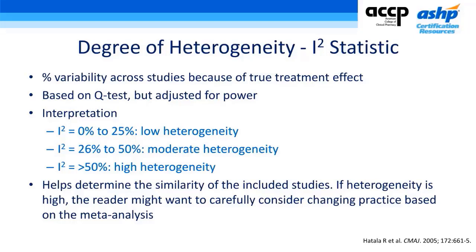It is based on the Q test, but is adjusted for the power within the study. The interpretation, as I mentioned in that example, I-squared statistic greater than 50% means high heterogeneity. Low heterogeneity is I-squared 0 to 25%. And then in between, we have moderate heterogeneity, 26% to 50%.